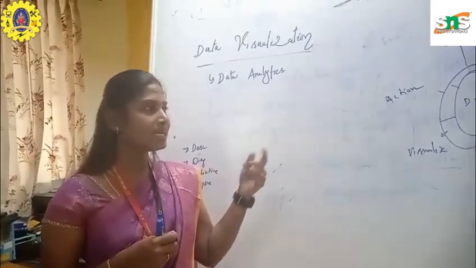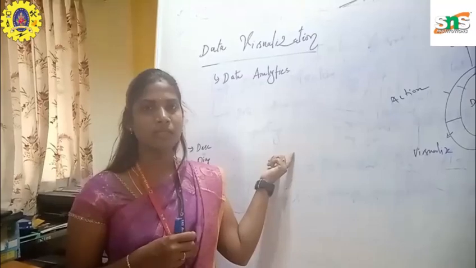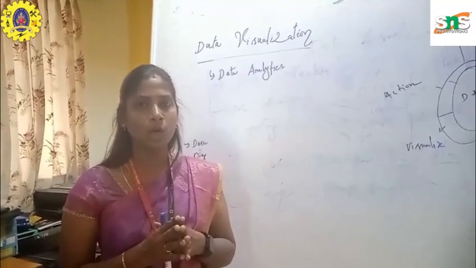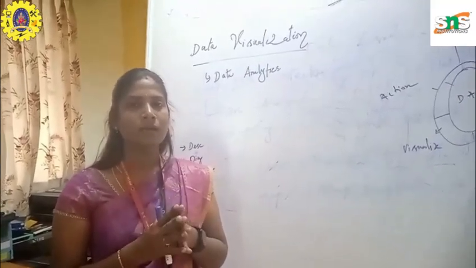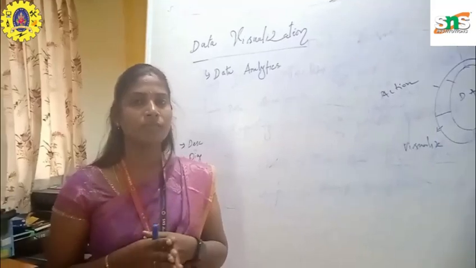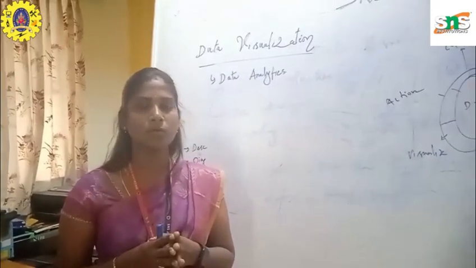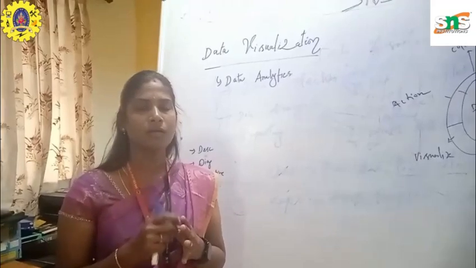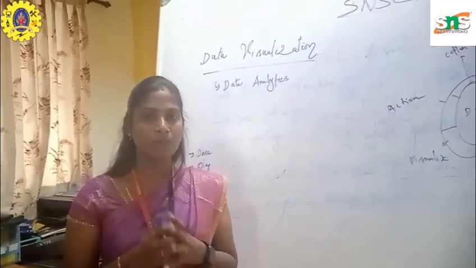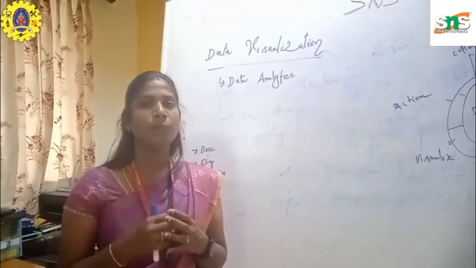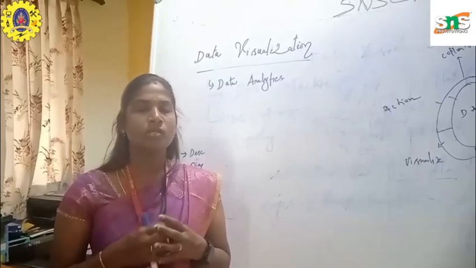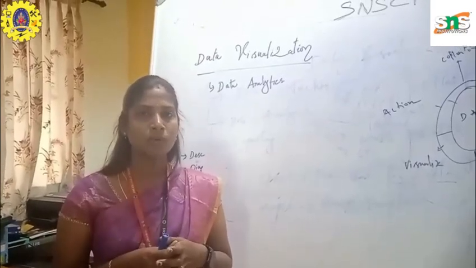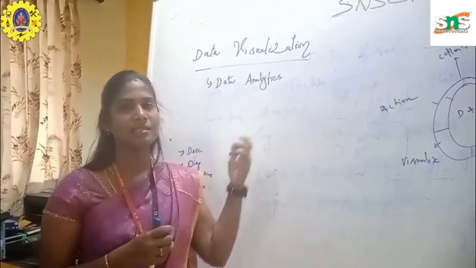If I take Excel as a flat file, it consists of rows and columns only, and it may contain n cross n rows and columns. If I want to visualize, predict, or analyze any information from that Excel file, it is purely difficult for us. To avoid this complex problem, we move on to the analysis process.